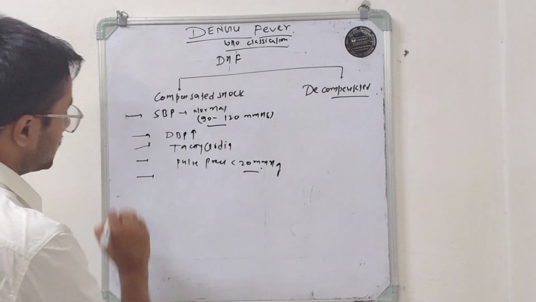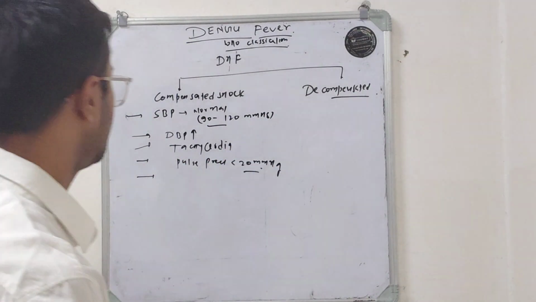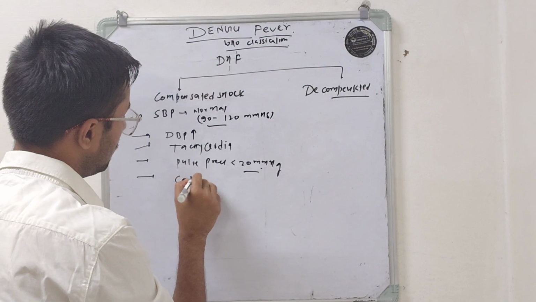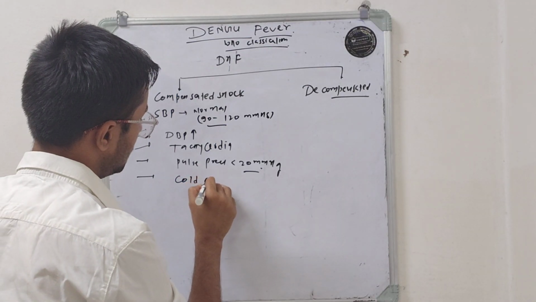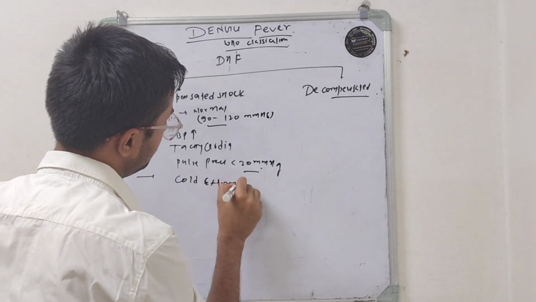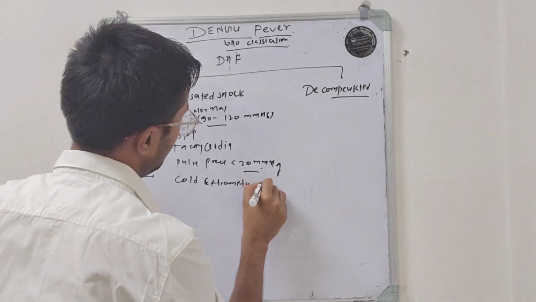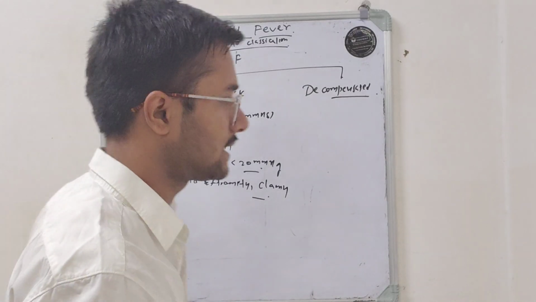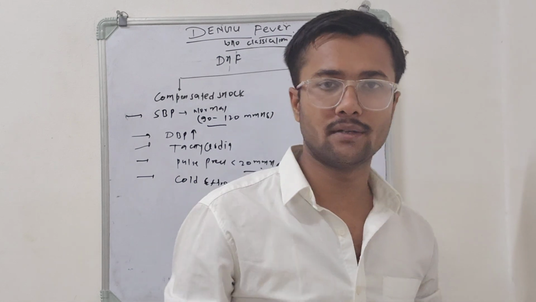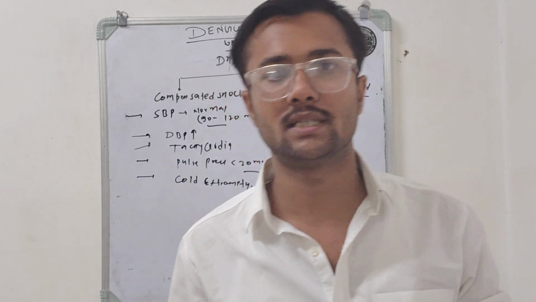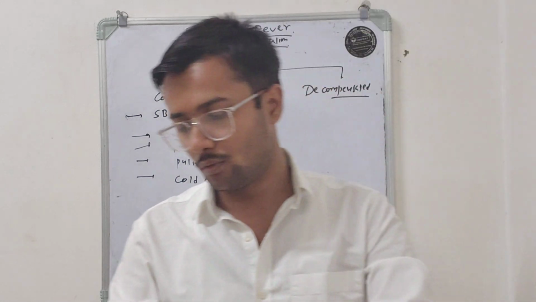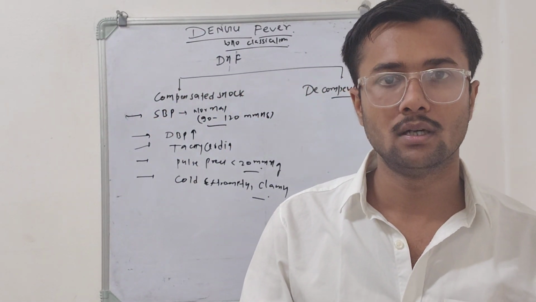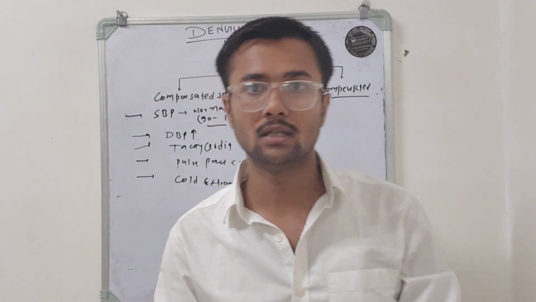After pulse pressure, there is one clinical sign. What is the clinical sign? The patient has cold extremities and clammy skin. Why does the patient have cold extremities and clammy skin? Because there is peripheral vasoconstriction. If there is no blood supply in the peripheral region, no warm blood reaches the peripheral region, so obviously the skin feels cold.